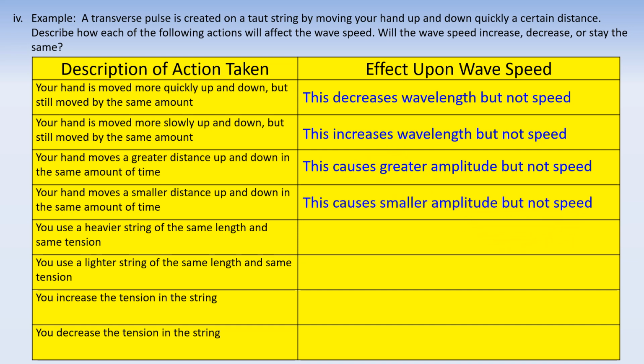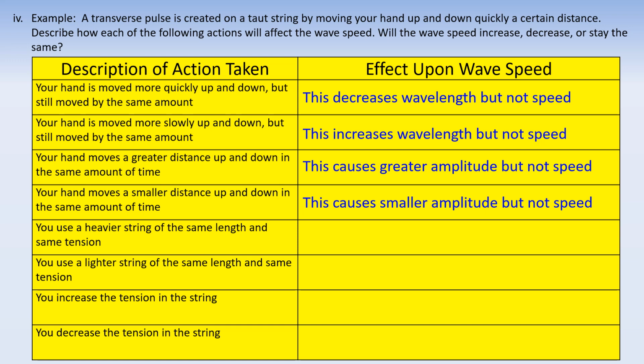And likewise, if your hand moves a smaller distance, you create a smaller amplitude wave, but it has no effect on the speed. Now, we couldn't show in the simulation the effect of changing the string density, but as you know, the wave speed goes like the square root of the string tension divided by the string density.